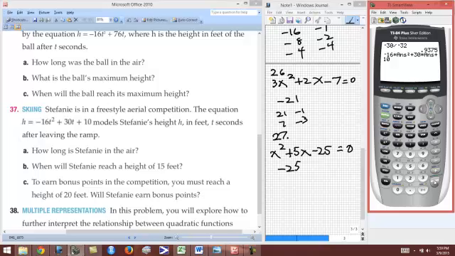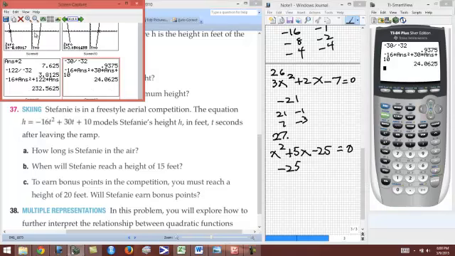So this should be the y-coordinate of the vertex, 24 feet. Okay, so after about 1 second, she's 24 feet in the air, and then she's coming back down. Okay, all right, so let's just take a picture of this because we're going to use this.